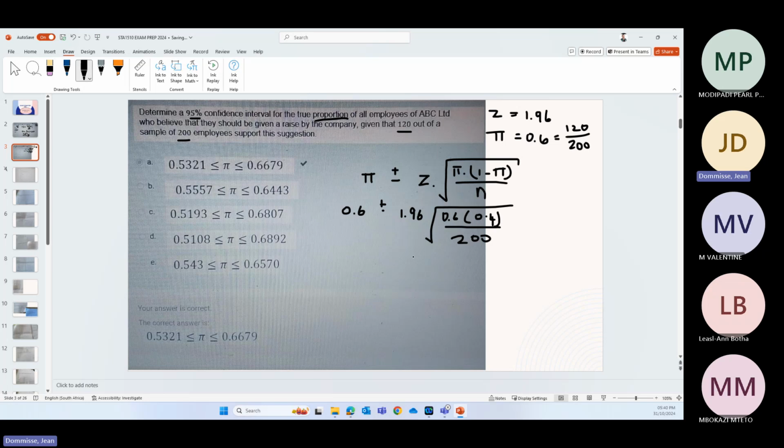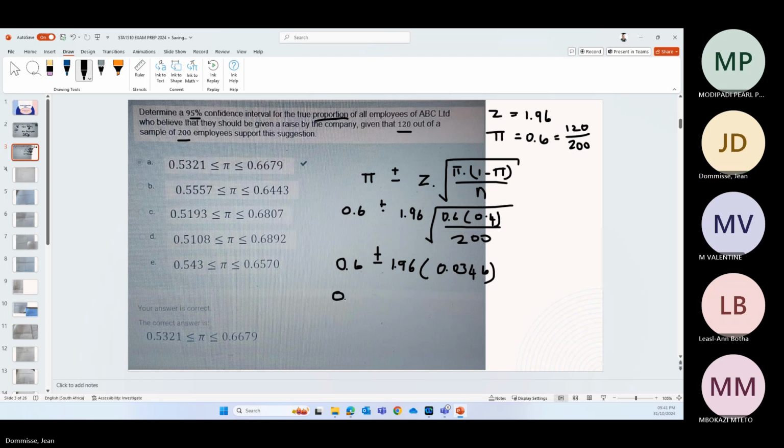So we've got 0.6 times 0.4, which is 0.24, divided by 200 is 0.0012. And if I take the square root of that, I get 0.6 plus minus 1.96 times 0.0346.